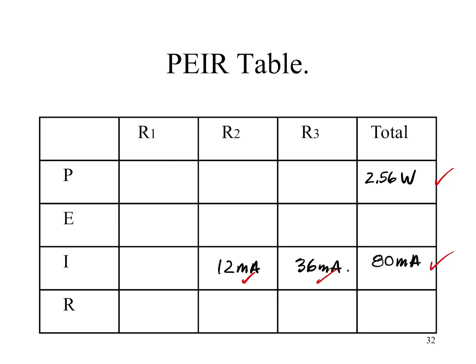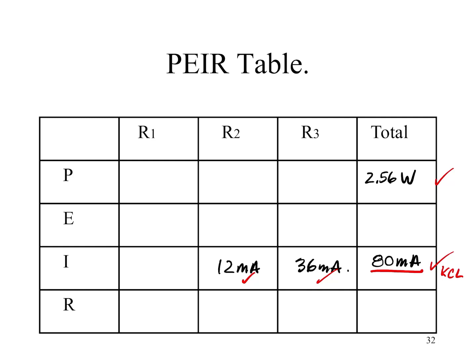And now, based on the fact that we have a parallel circuit, we know a few things can be applied to this table. One of them being that when it comes to our current, each one of these branch currents have to add up individually together to give us our total current. That's Kirchhoff's current law. So we can apply Kirchhoff's current law to this row of the table.